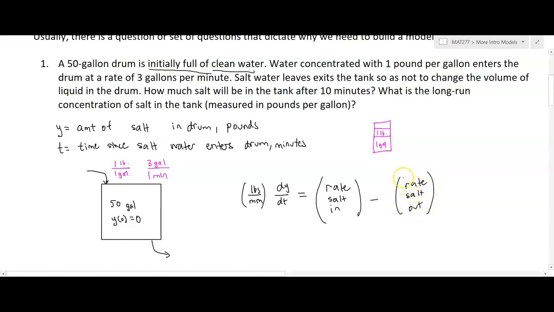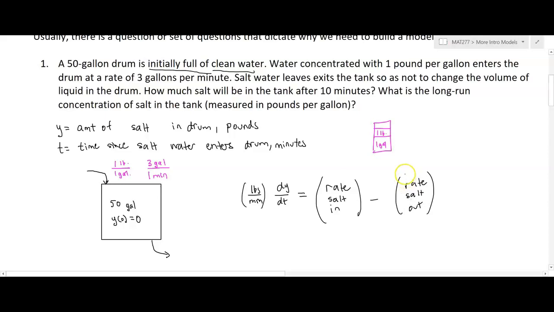The net rate at which your tub is either filling or draining: if your tub is filling at 10 gallons per minute and draining at 7 gallons per minute, then 10 gallons per minute coming in minus 7 gallons per minute coming out tells me that every minute I should see 3 more gallons in net inside of that tub.